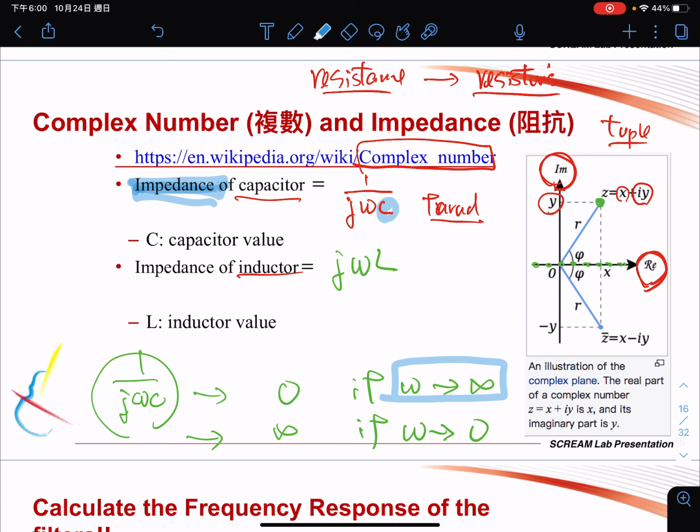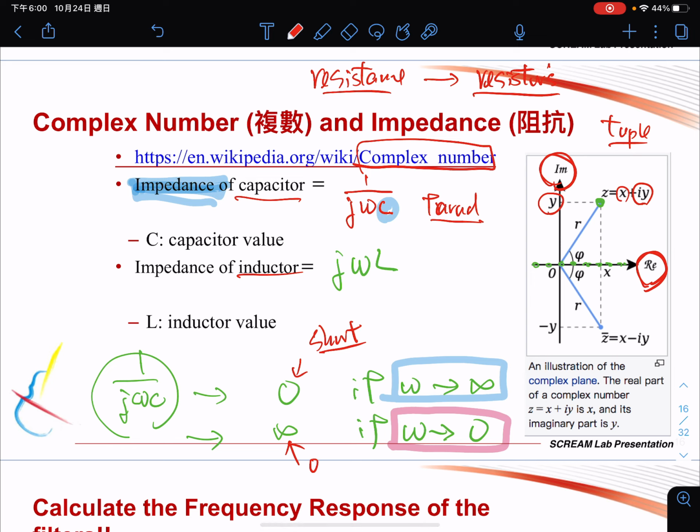So the impedance of a capacitor means that if you have very high frequency, its value is small. It's something like a short circuit. On the contrary, if omega is close to 0, the impedance will go to infinity.